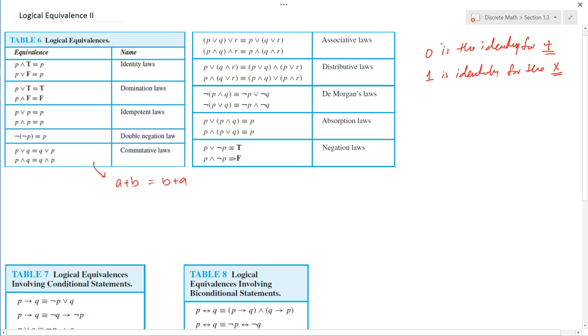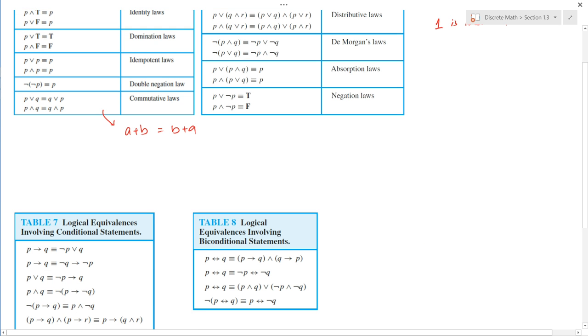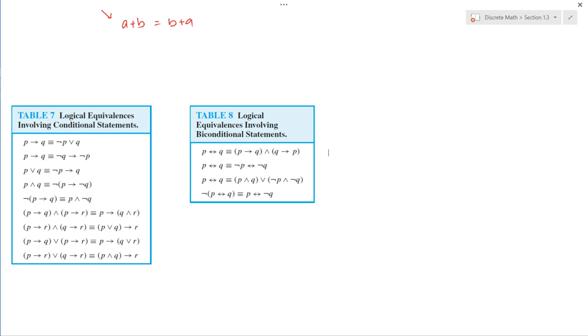So table 6 over here covered the two basic operators, the conjunction and the disjunction, and it listed several different laws or logical equivalences that involve these two operators. Let's go to table number 7 and table number 8. Tables 7 and 8 basically list those logical equivalences which are concerned with the other two logical operators, namely the implies operator and the if and only if operator.